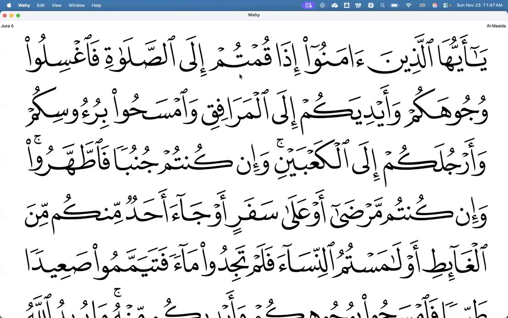When you have all stood up for the salah, fa aghsilu, then you all wash. Ghasala, yaghsilu, and this is an imperative form. I know we haven't learned this yet, don't worry about it. But you all should wash.